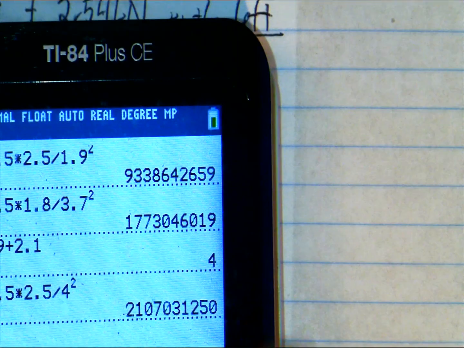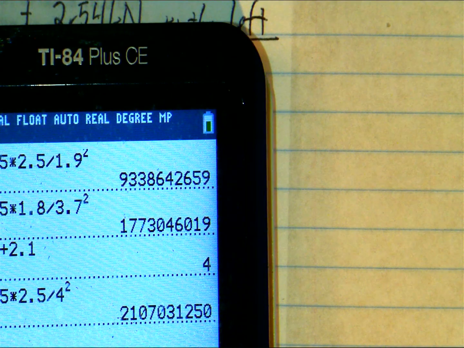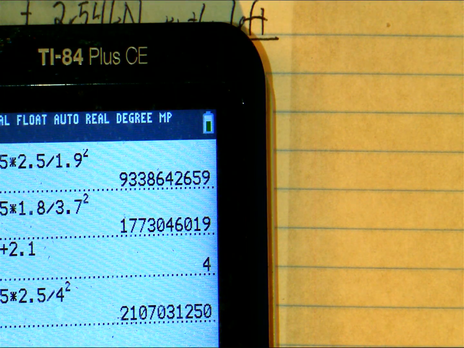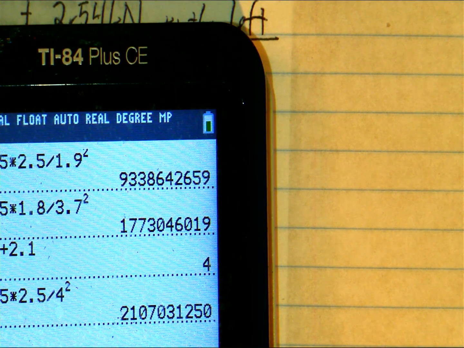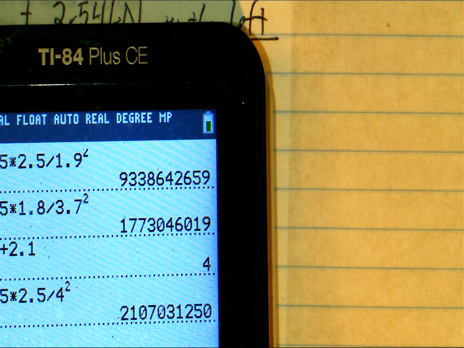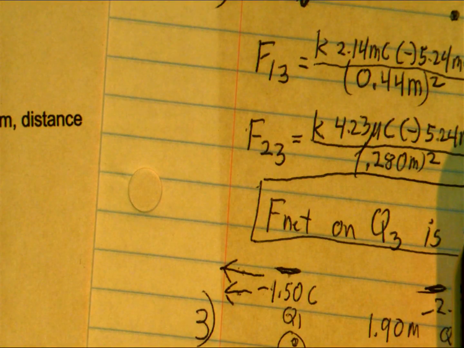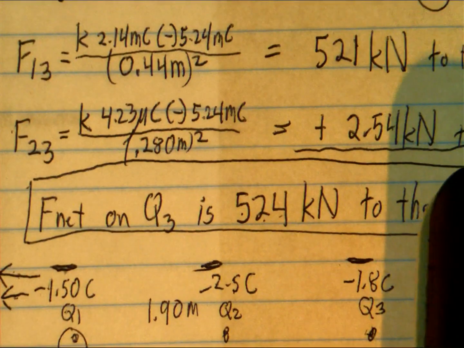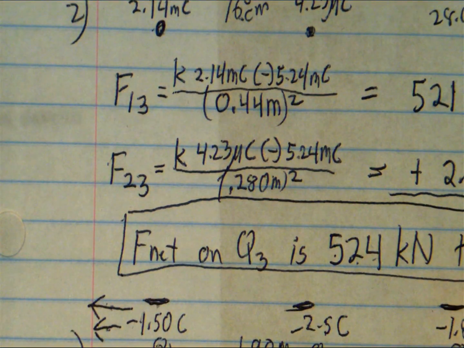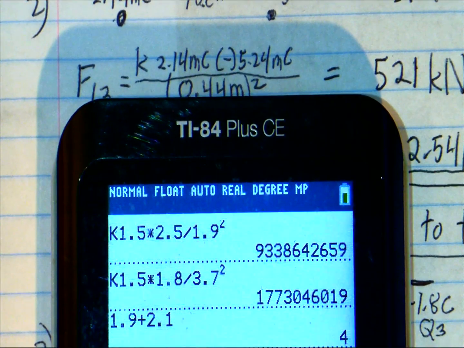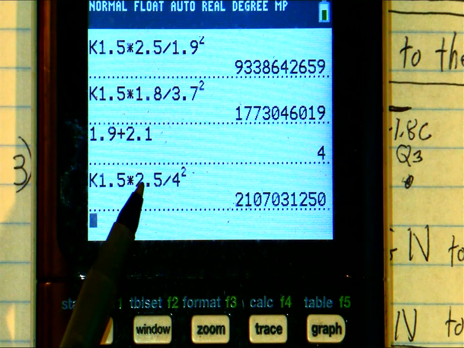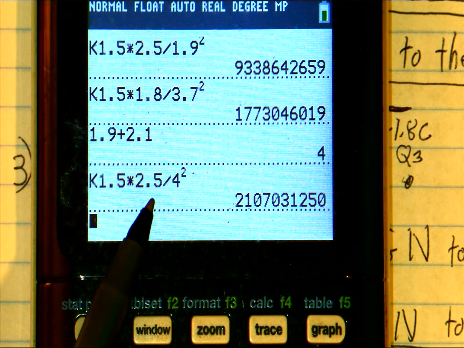That sounds wrong. So I'm putting in wrong values all over the place. Q3 has a value of 1.8 coulombs, but I typed in 2.5 coulombs here, so that's still a mistake.